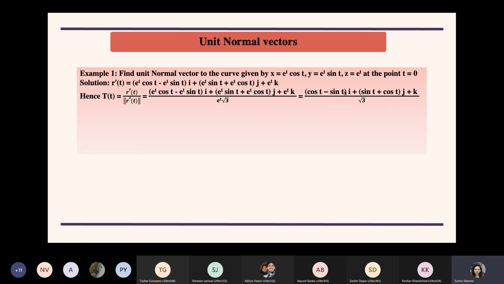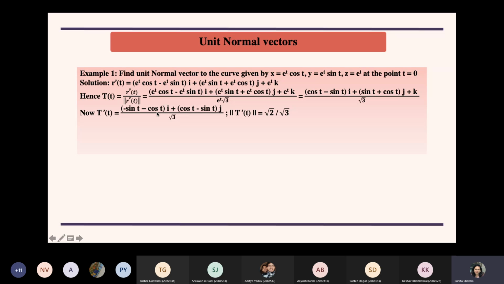So T dash(t) will be, just differentiate this, the denominator remains root 3. The derivative of cos gives you a minus sign, then you'll have a minus cos here, and the derivative of sine will be cos, and of cos will be minus sine. So you get this expression, and the norm of T dash. This root 3 can be taken out, and you can just find the norm.